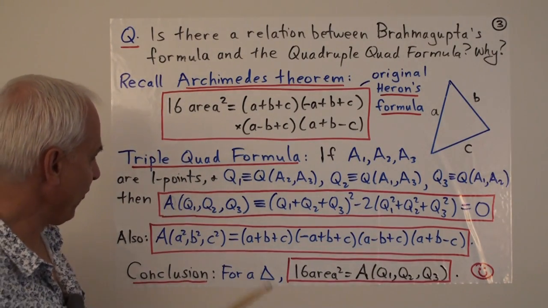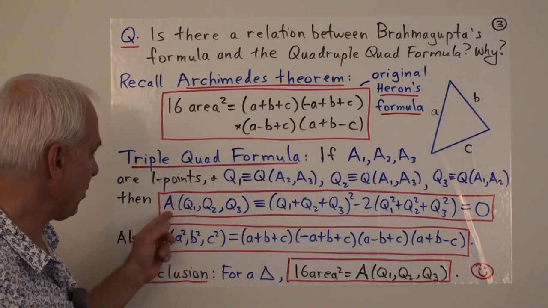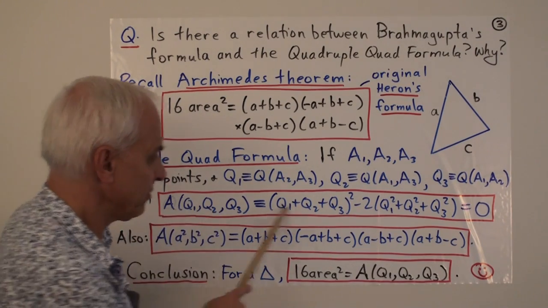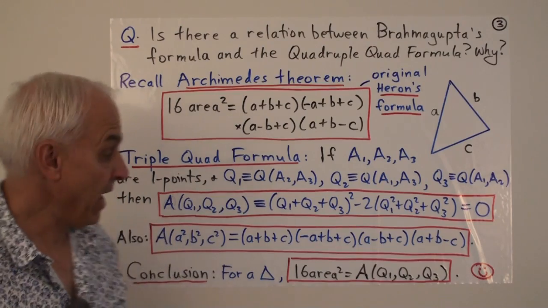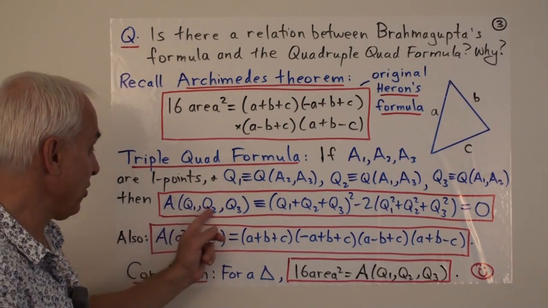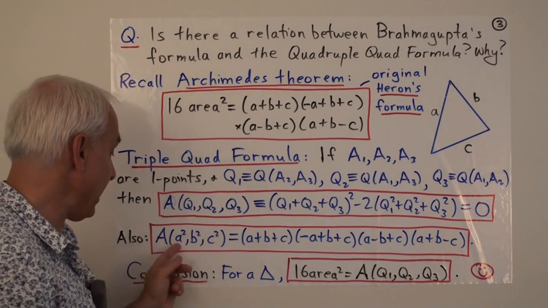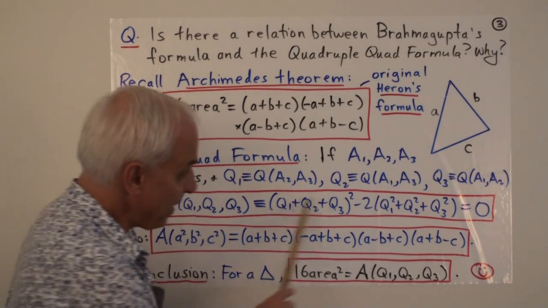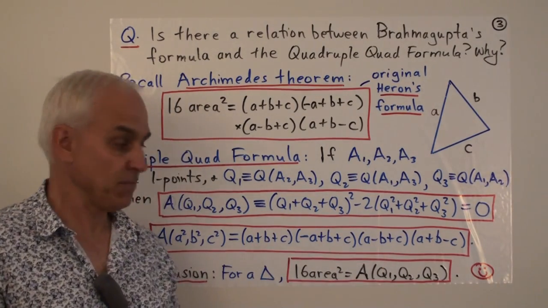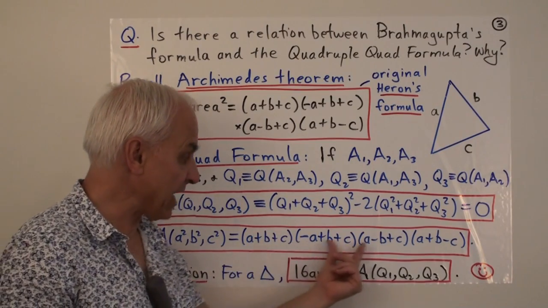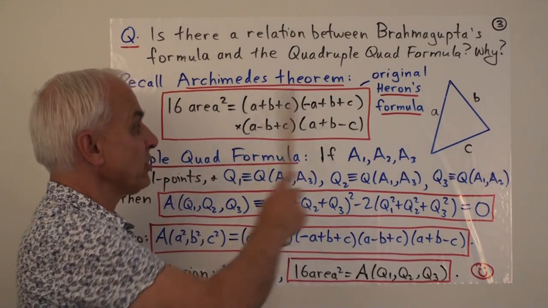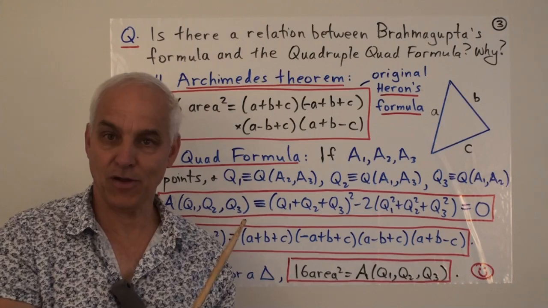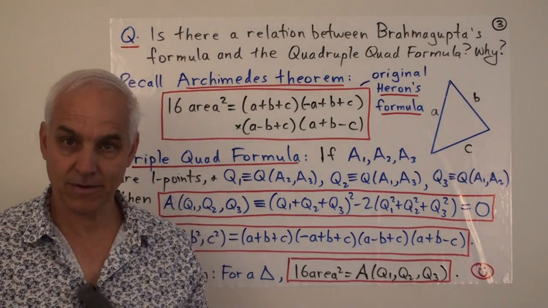And then we also saw that if we took this function of Q1, Q2, and Q3 and replaced Q1, Q2, and Q3, say by A squared, B squared, and C squared, then this expression factored. In fact, it factored into exactly these 4 products that were occurring up here in Heron's formula.